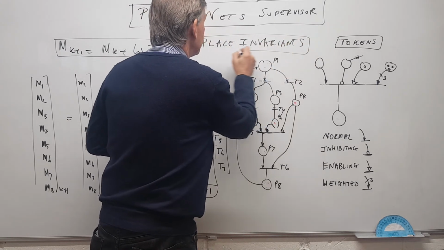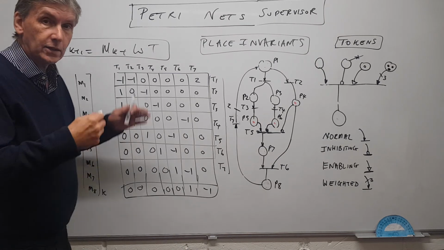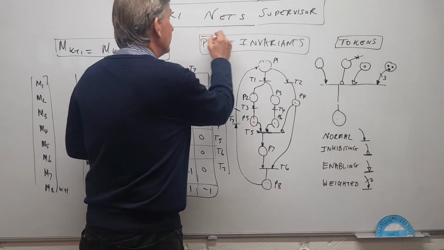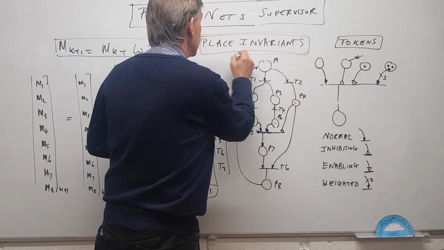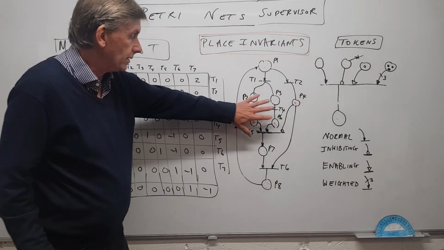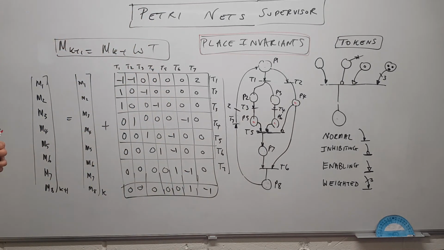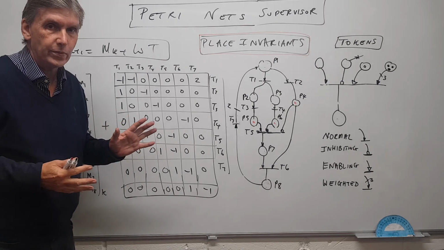The last thing that we're going to look at next week, this final bit of the course, is place invariant design. With place invariant design, we could add something to this Petri net and stop it from going into bad markings. So that's just a quick recap, really.